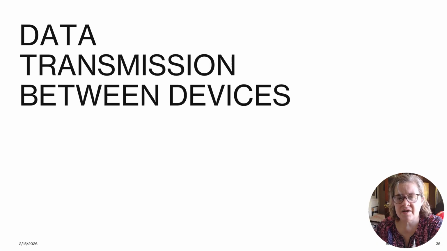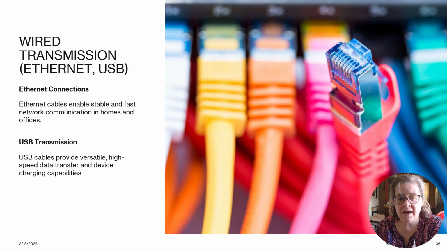The following section covers communication methods between computers and external devices over wired and wireless channels. Wired connections like Ethernet, optical fiber, and USB provide reliable high-speed data transfer between devices over physical cables.